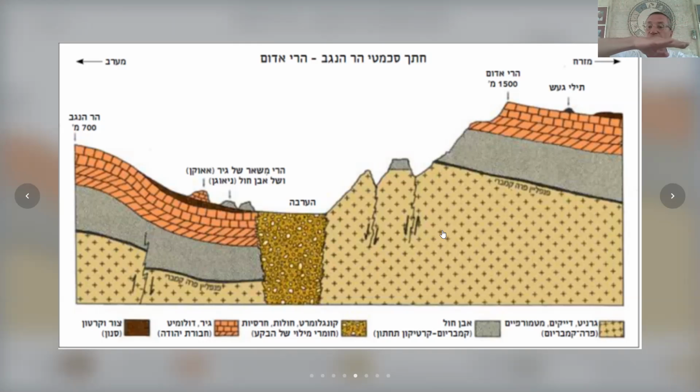And while it was under the ocean, all these little sea creatures died for our benefit and produced a layer of limestone on top of the sandstone. So you have a top layer of limestone over a layer of sandstone, over a layer of igneous basalt and gabbro. And those are the three colors that we see.